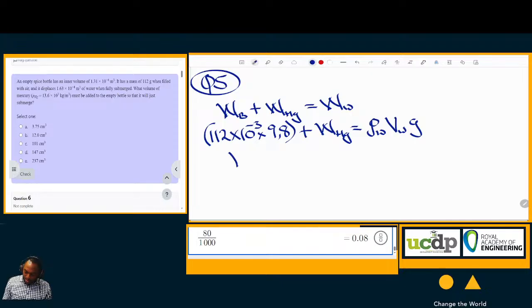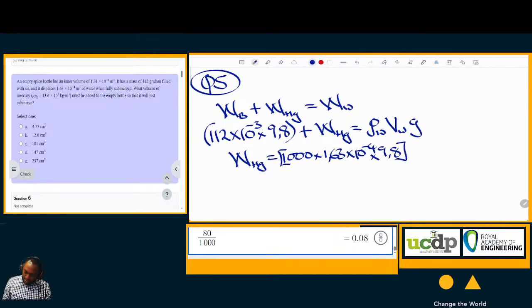We know the density is 1000. Volume of the water is given, 1.63 times 10 to the negative 4, times 9.8.